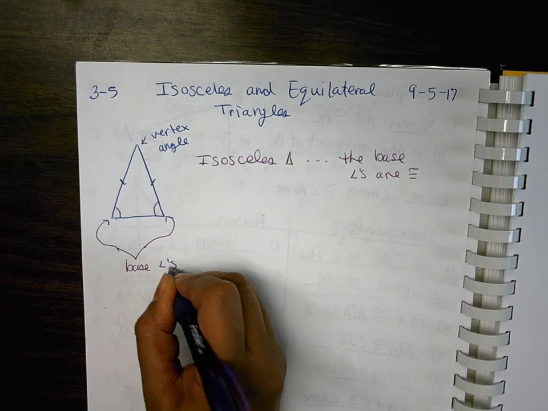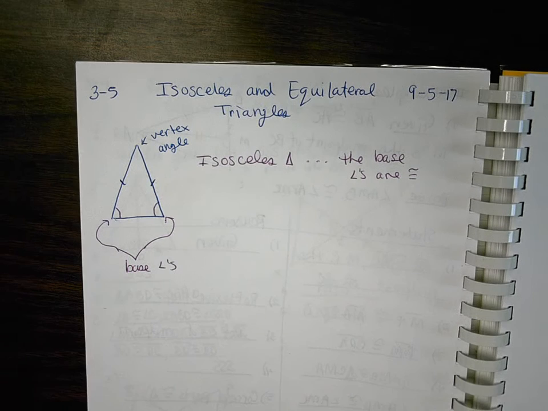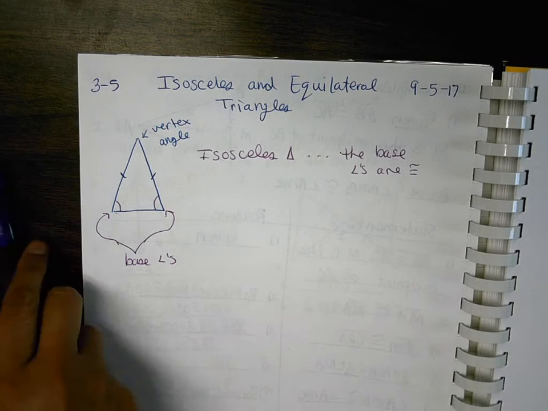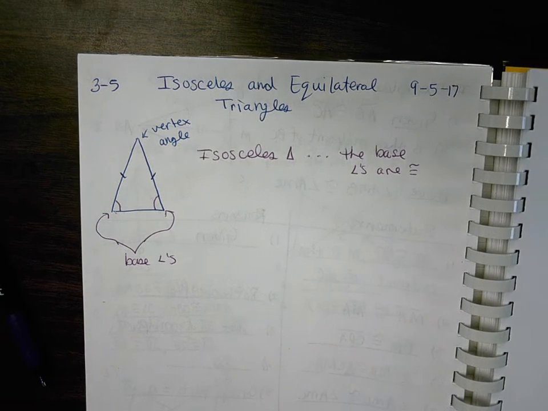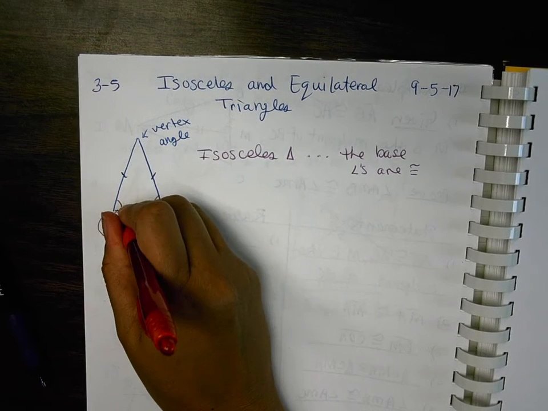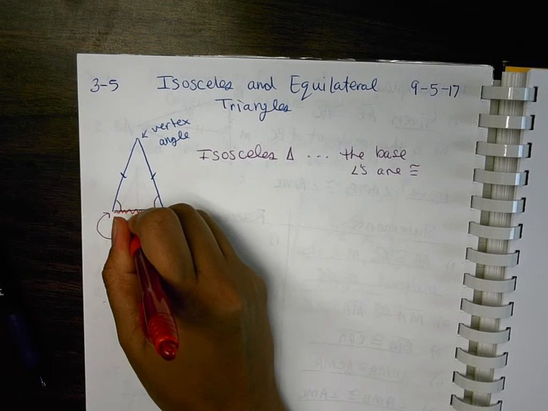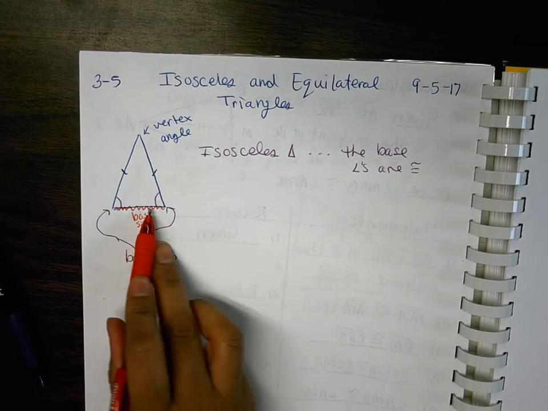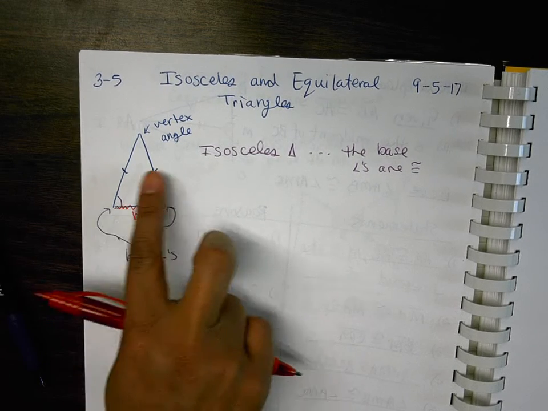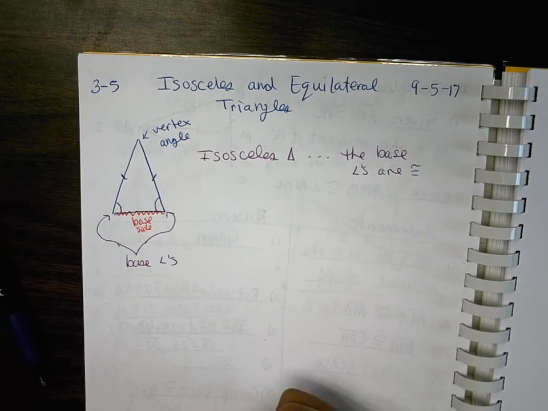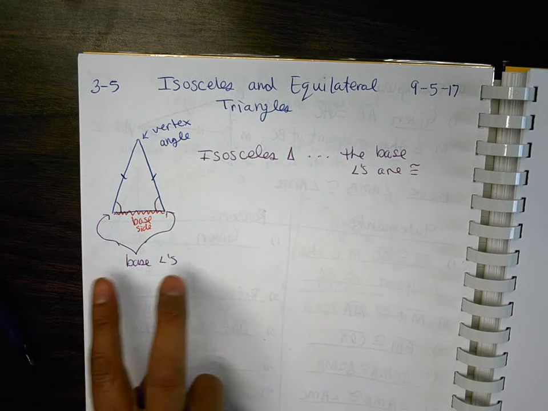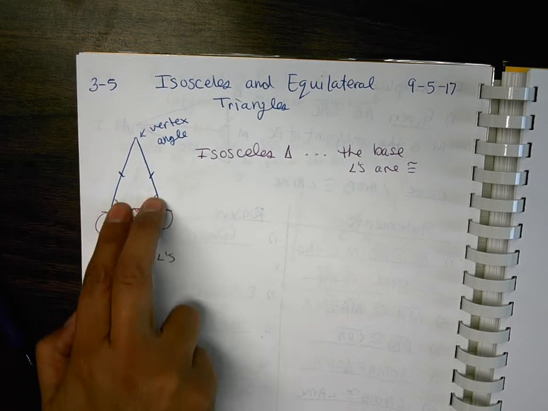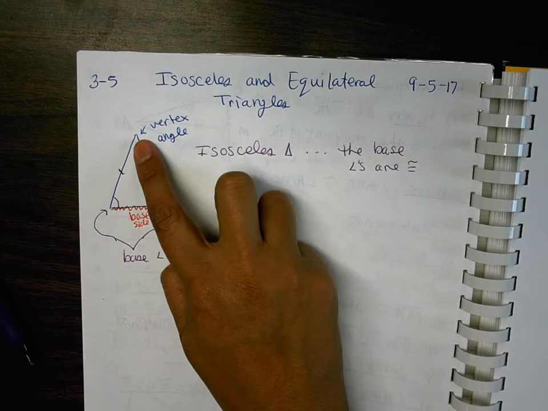Base angles. And this here is called the base side. The base side, the base angles, the two congruent sides, and the vertex angle. Everybody see that?